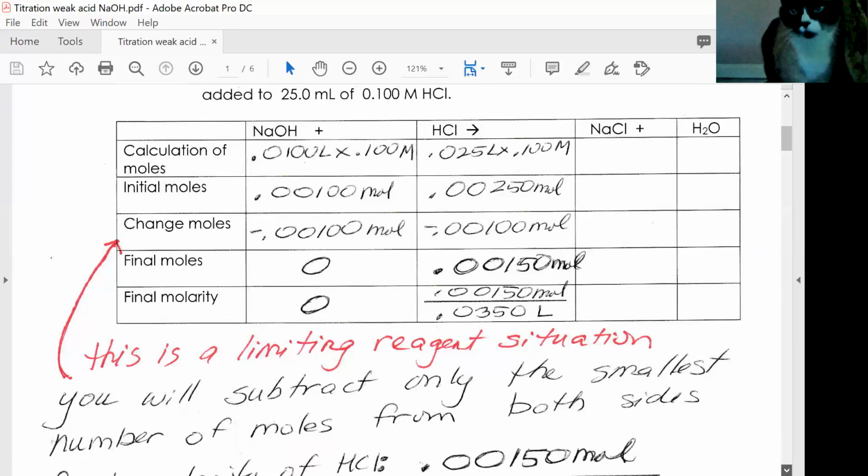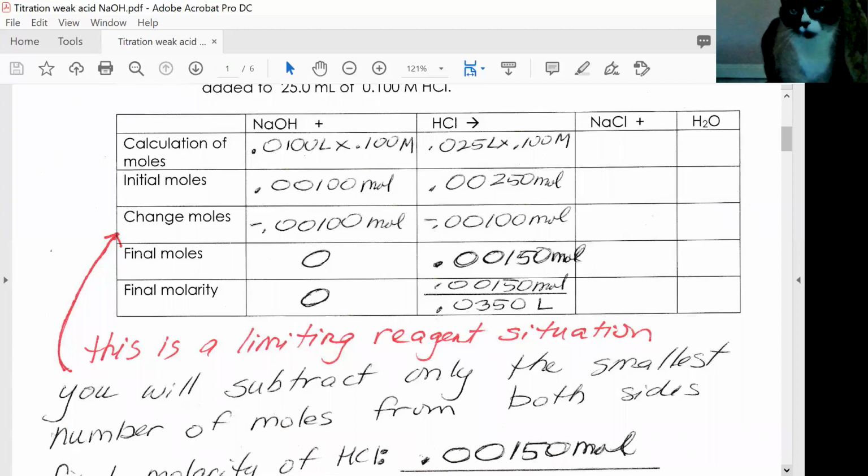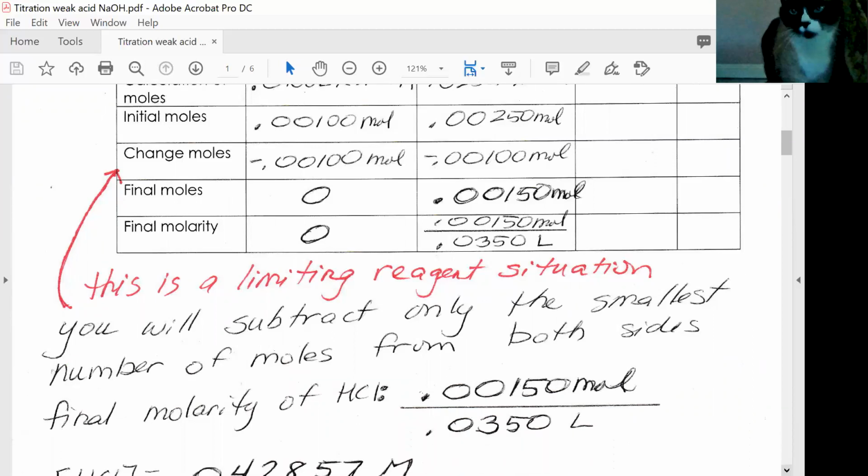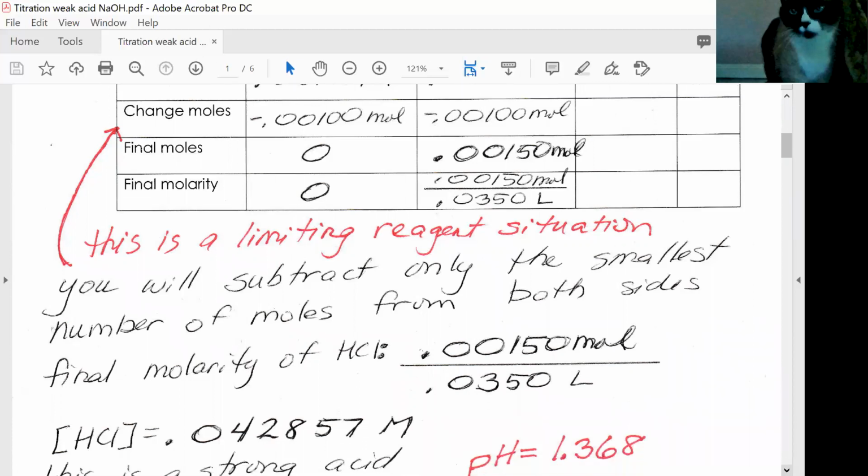So just a reminder, this is a limiting reagent situation. You will subtract only the smallest number of moles from both sides. And then our final molarity of HCl, we calculate. And remember, the volumes are additive. That's how we get the 0.0350 liters.